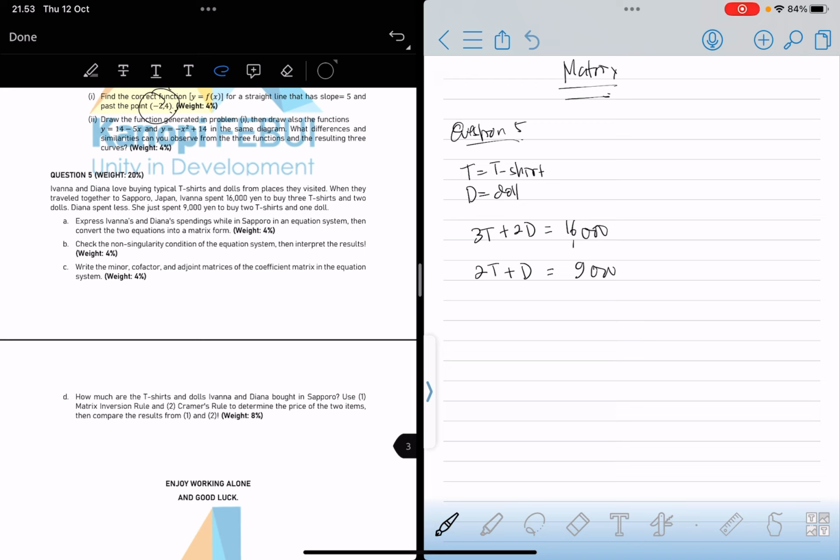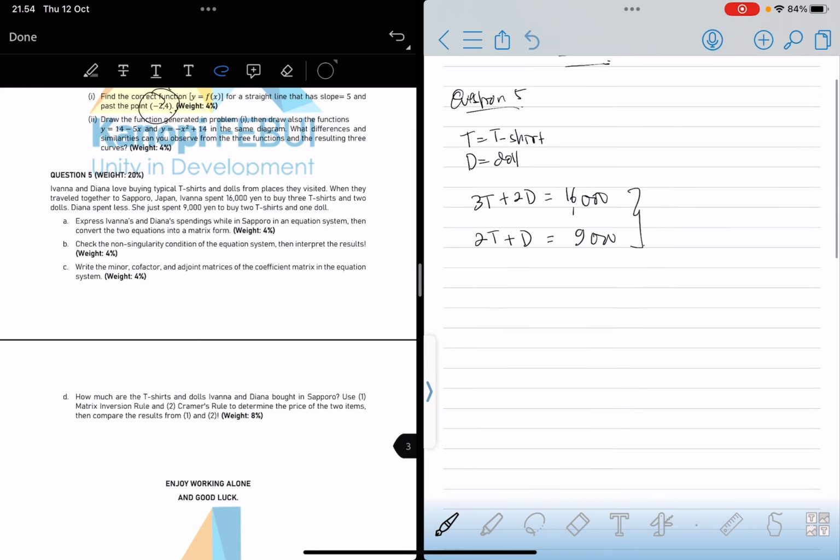Basically, this kind of thing is just a linear equation, and you can solve it using the normal way. But in this case, because we learn about matrix, we have to solve this problem with matrix.